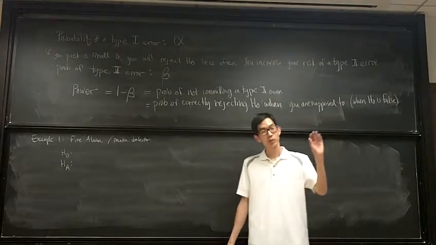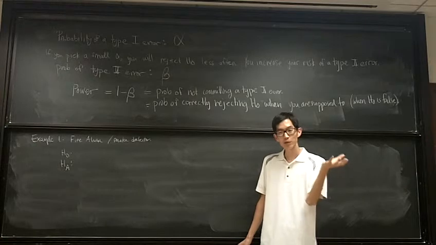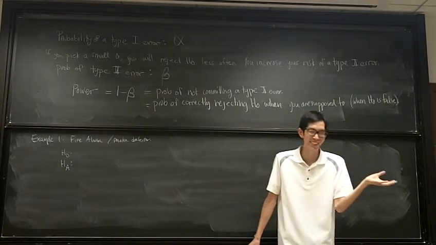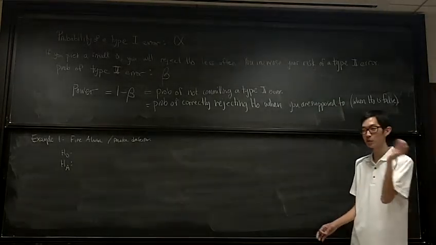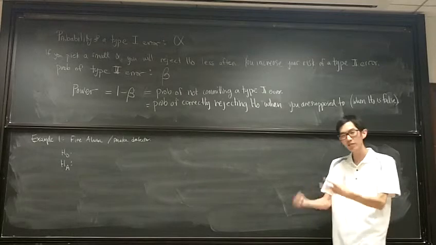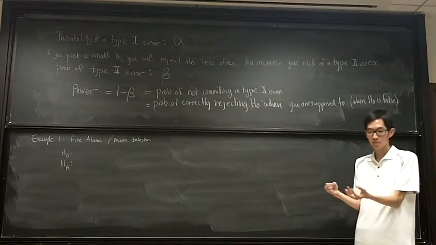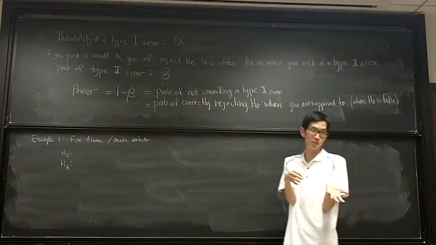Remember, when we gather evidence, we use the evidence to support which of the hypotheses. The evidence is always used to support the alternative. We can never use evidence to support the null. It's either the evidence supports the alternative, or we don't have enough evidence to support the alternative.